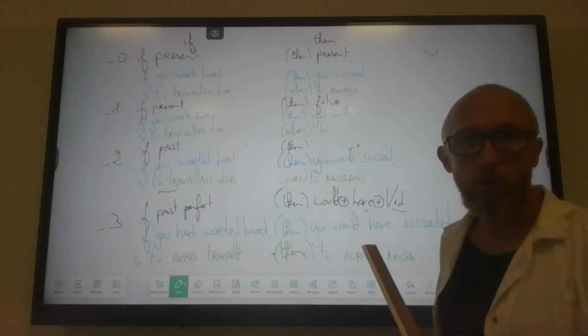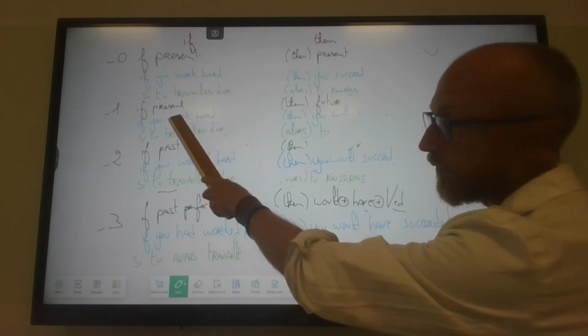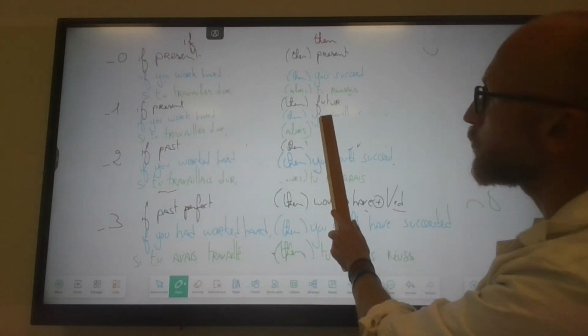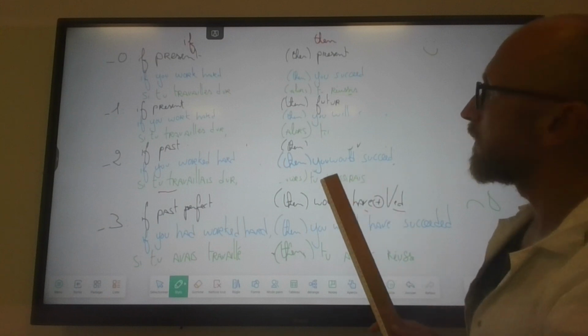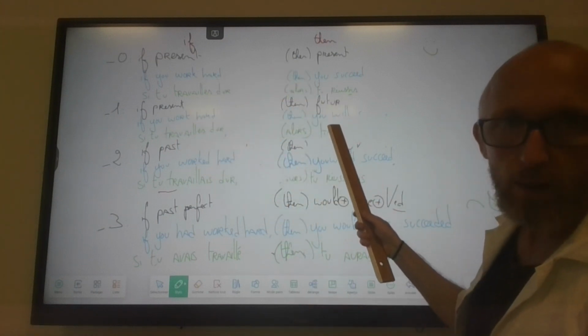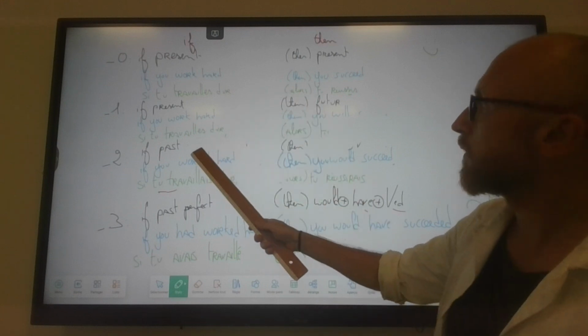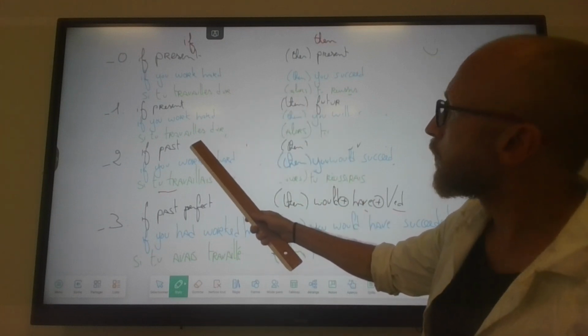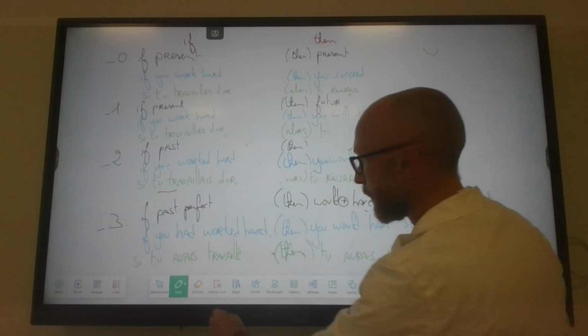The second conditional is also built with a present, but will be followed with a future, which means you will have, if you work hard, then you will succeed, which will be translated with a si tu travailles dur, alors tu réussiras.